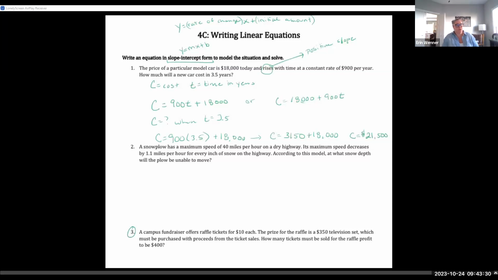So I want you to think about what it means that they're going to have to use their proceeds to first buy that $350 television set before they turn around and actually turn a profit. So again, what am I asking for? Write an equation, then solve the equation.